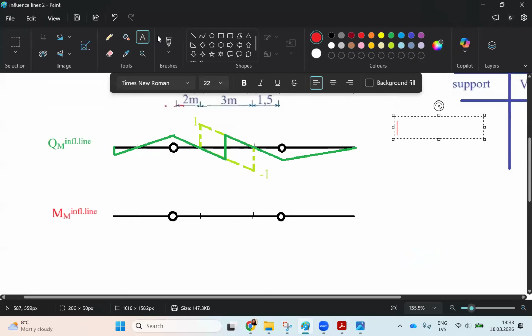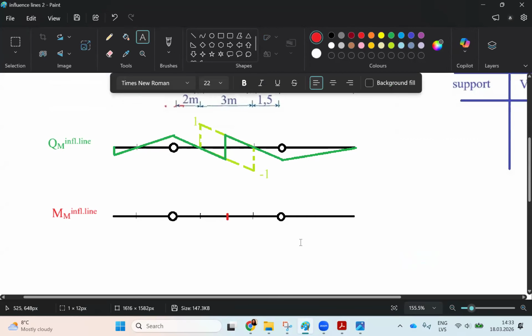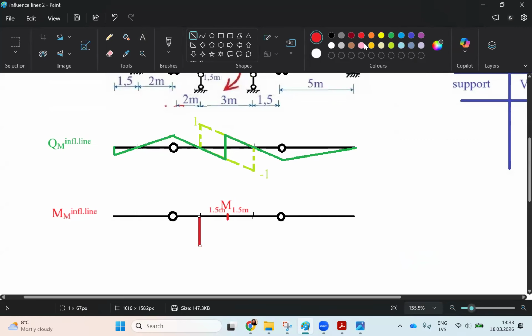And how much down? This point M is here in the middle, and it's 1.5 meters from one side and 1.5 meters to the other side. So we draw with the dash lines, actually, 1.5. It can be drawn at 45 degrees. And there is the butterfly.